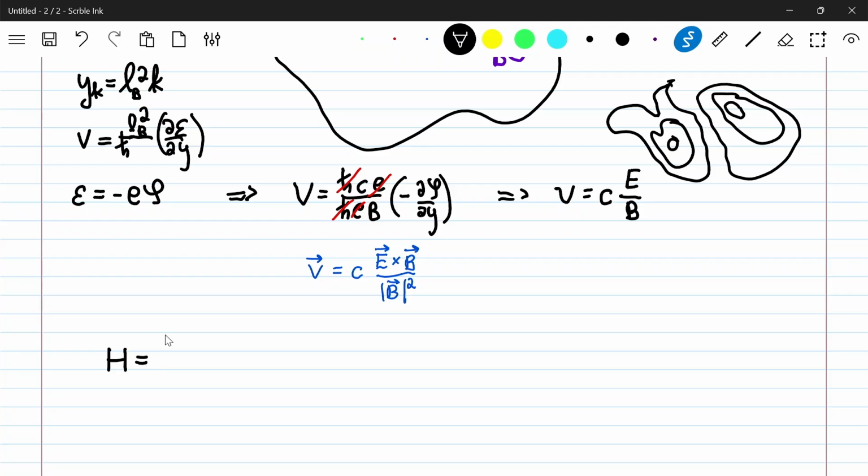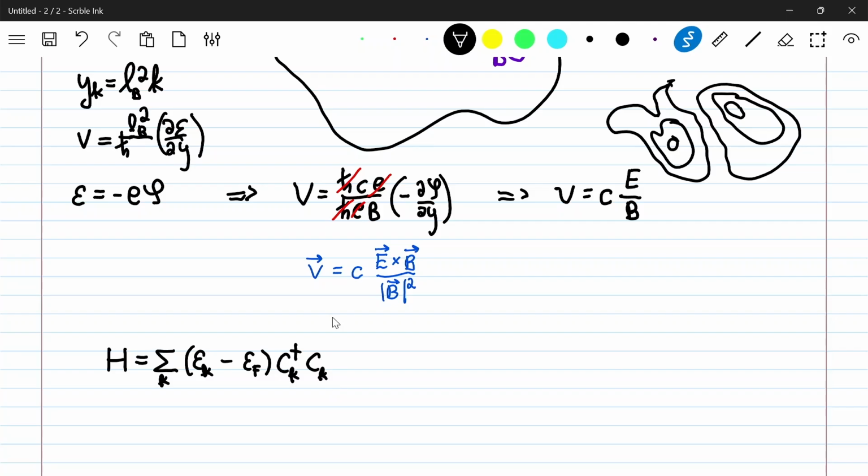The Hamiltonian for the edge states of the integer quantum Hall state is just a one-dimensional Hamiltonian. It's very simple. Let me write it down. It's a sum over k. I assume that everybody here knows what I'm writing.